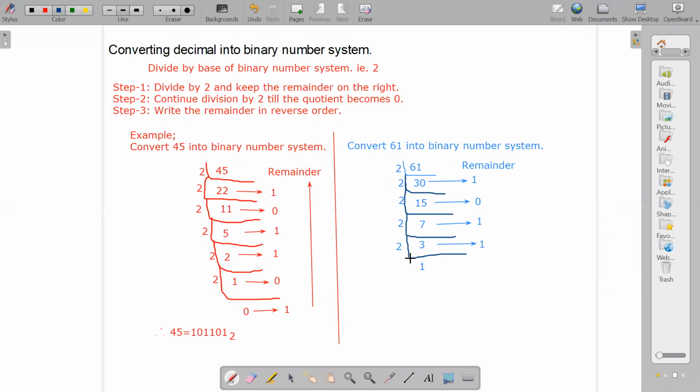Remainder is 1. Now if you get 1, then directly here 2 zeros are 0. Remainder is again 1.